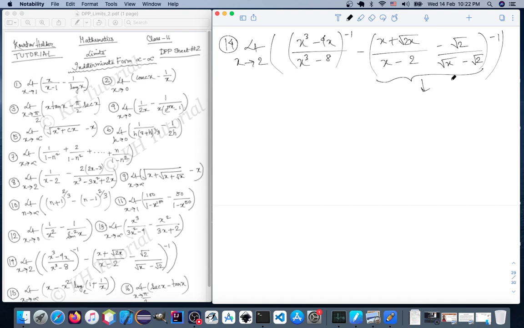What does this become? x plus root 2x: this is the form where we can use a square minus b square.